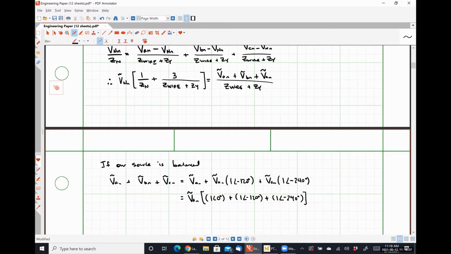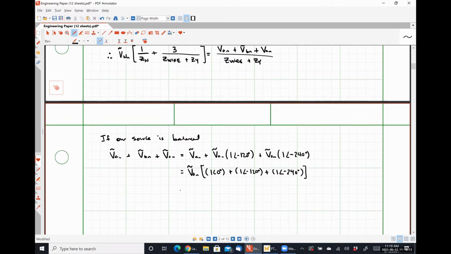Now, one of you guys grab a calculator, please, and figure out what 1 angle 0 plus 1 angle negative 120 plus 1 angle negative 240 is. Zero. That means the sum of these three voltages together must equal 0.